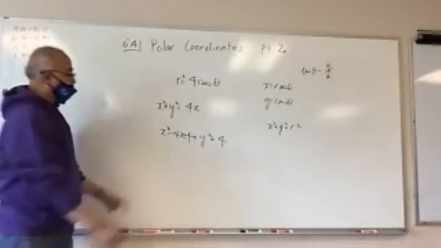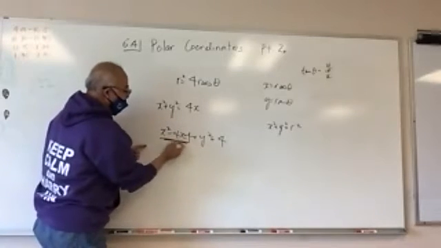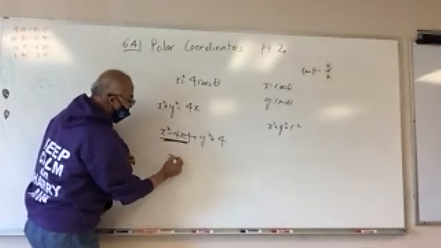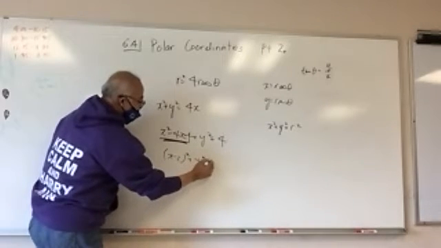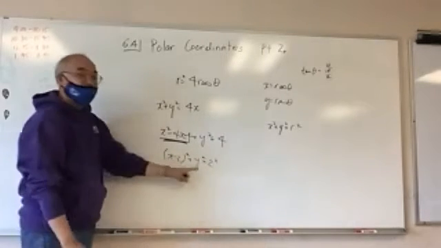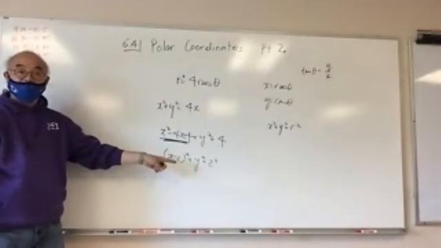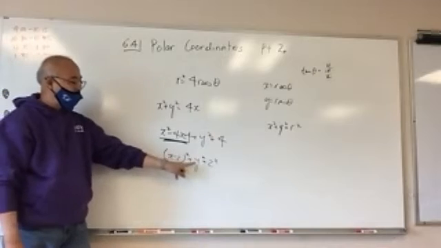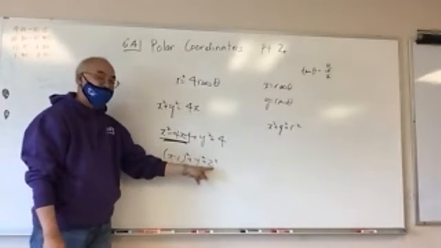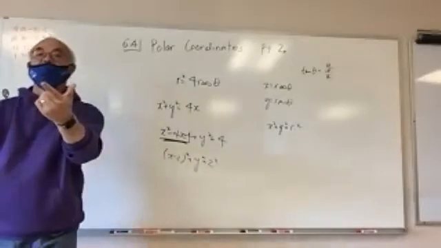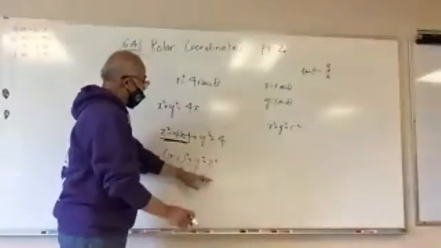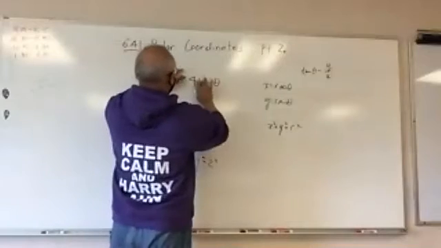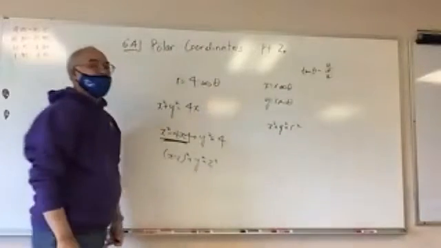And that 4 allows me to put this as x minus 2 squared plus y squared is equal to 2 squared. Isn't that a circle? Right, with a center of (2, 0) and radius of 2. And that's exactly what you got in your polar coordinates. So all this came from this guy, right?